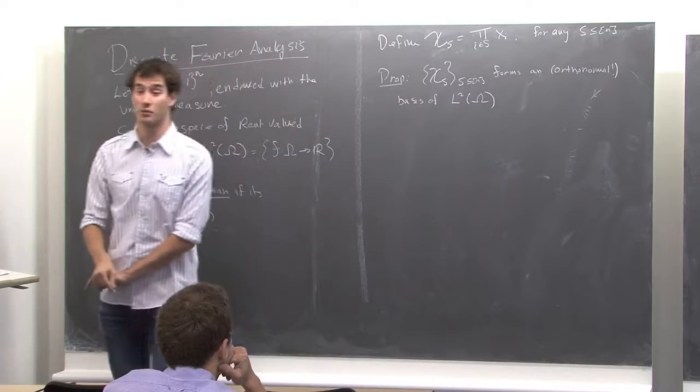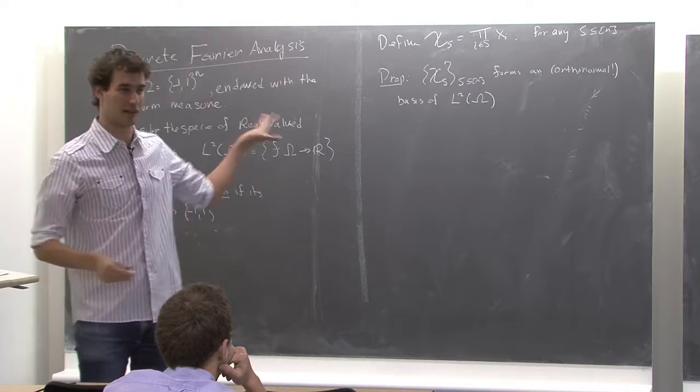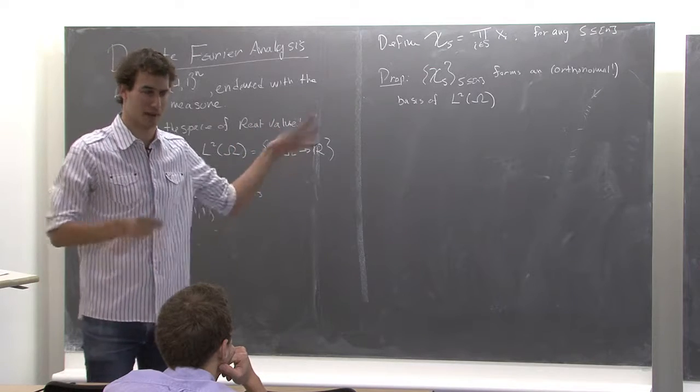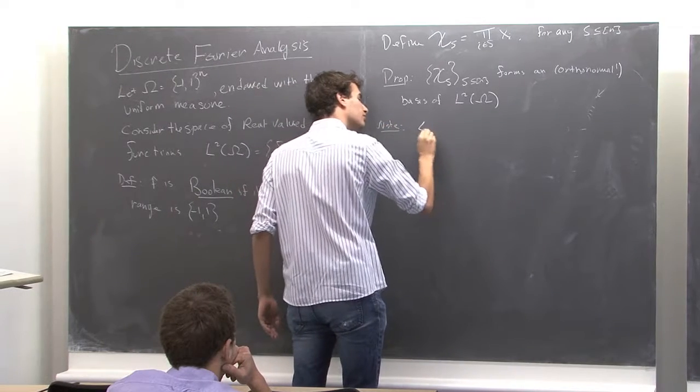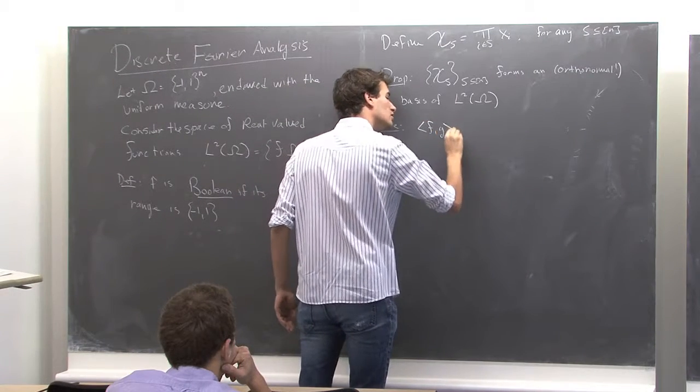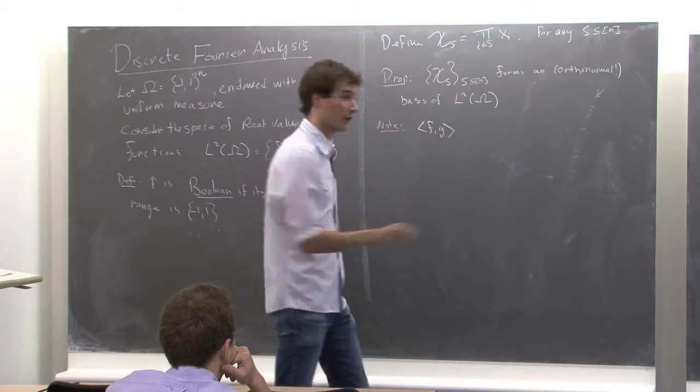It actually forms an orthonormal basis with respect to omega. Of course, I didn't technically define the inner product, but I guess just to be safe, for 2 functions, we define the inner product exactly the way you think.